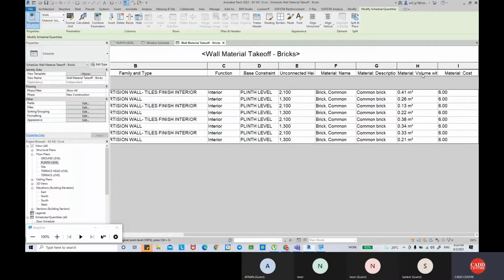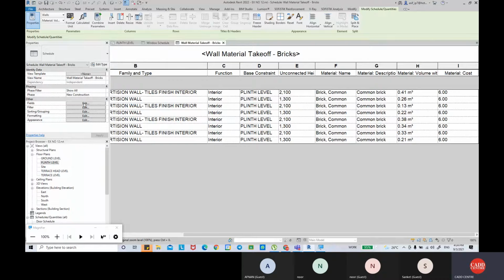Okay, so now what we need to find over here is the number of bricks that are there with mortar basically, how many number of bricks will go with mortar. Okay, so I'll find out how many number of bricks are being required with mortar.